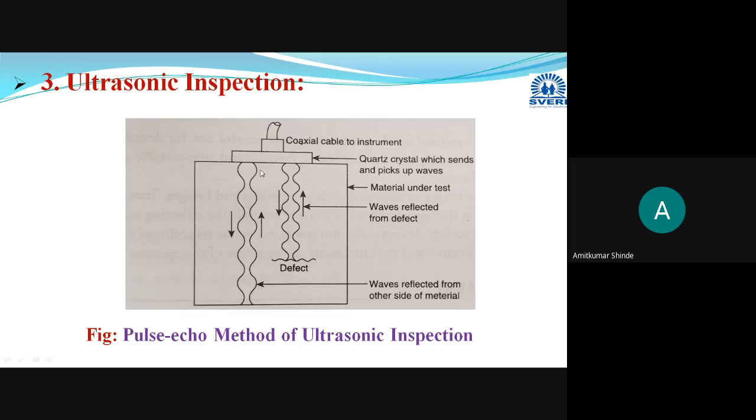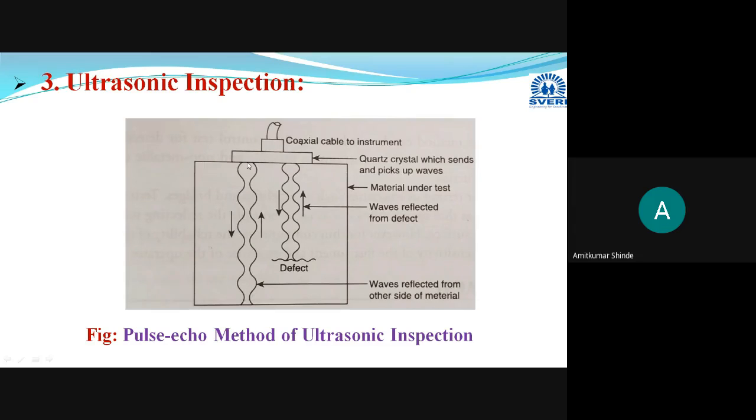Now here what will happen? Two types of patterns will be obtained. First will be the normal pattern. Suppose these are the ultrasonic waves from one end, with the help of the pulse generator through this quartz crystal. This ultrasonic wave passes through this material under test, reaches the end of the test specimen, gets reflected, and is again collected here.